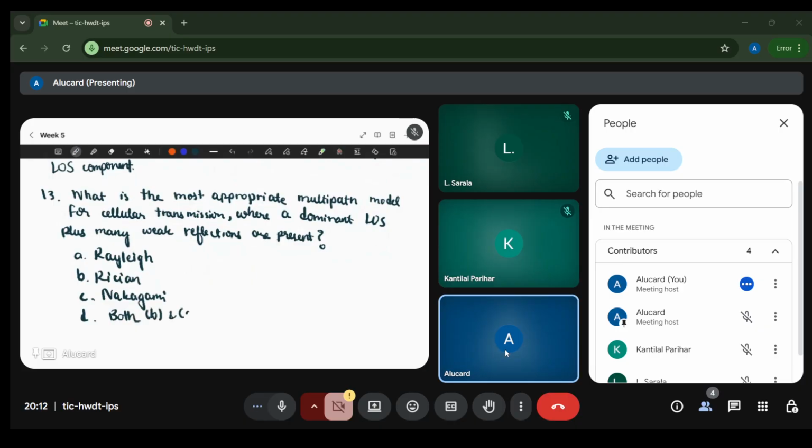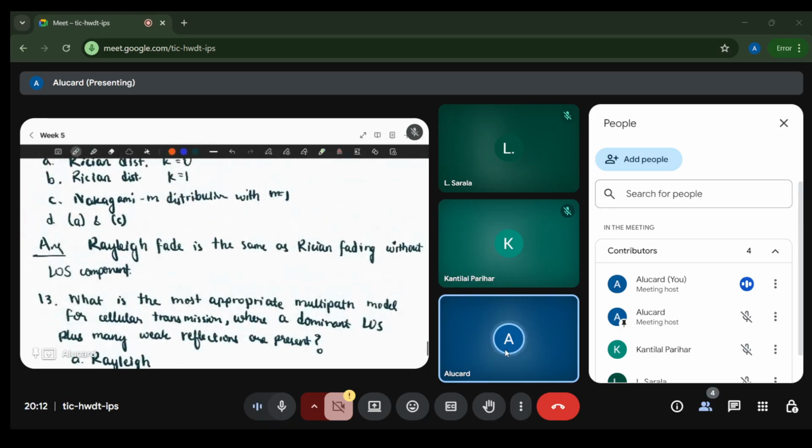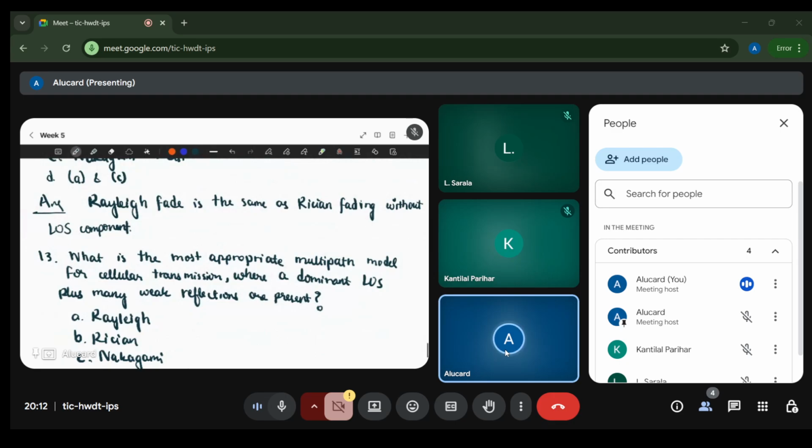So we have already seen that Rayleigh fading is the same as Rician fading without a line of sight component. So if there is no line of sight component, there's no point in modeling. So here there's a dominant line of sight component, so we can't really model that using Rayleigh fading. So it's not Rayleigh.